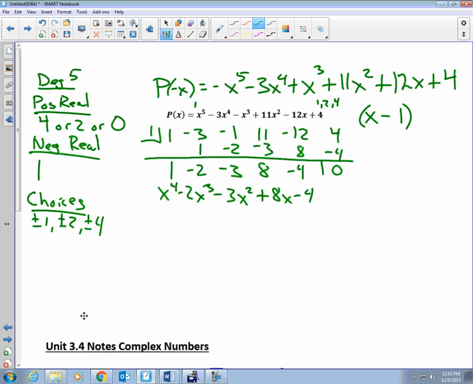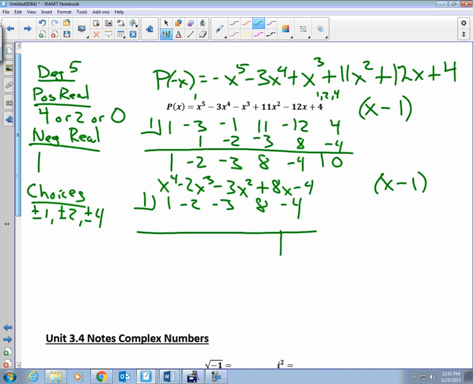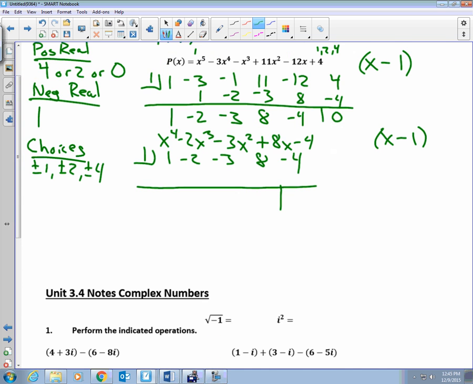It's possible 1 could be a double root, be a triple root, who knows? 1 minus 2 is negative 1, minus 3 is negative 4, plus 8 is 4, minus 4 is 0. So x minus 1 works again. As soon as you feel like it's a lot of work, just remember that we could be doing long division.